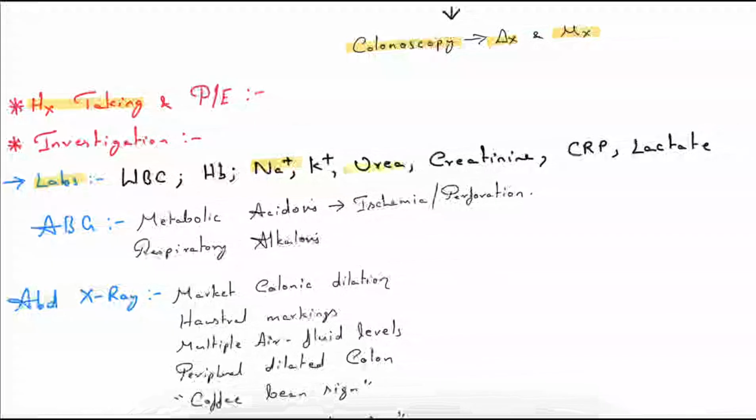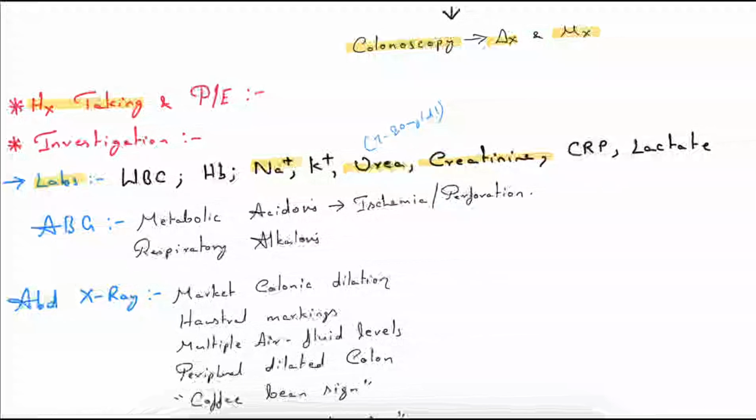Next, urea. The normal value is 7 to 20 milligram per deciliter, and a raised value means the patient has increased dehydration risk.